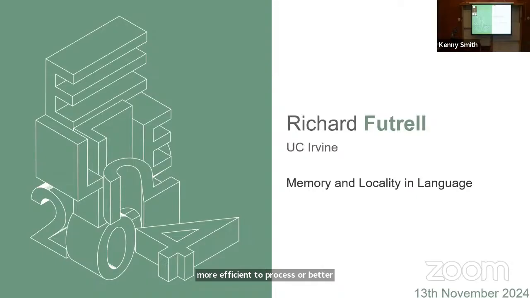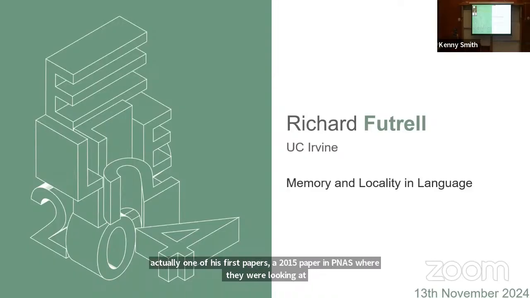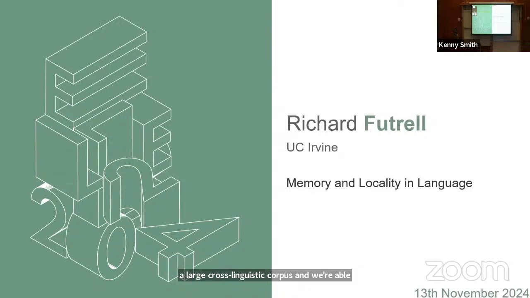I think his work first came to our attention. It's actually one of his first papers, a 2015 paper in PNAS, where they were looking at a large cross-linguistic corpus and were able to show that the grammars of natural languages seem to be optimized to minimize dependency length, which facilitates processing for speakers and hearers.